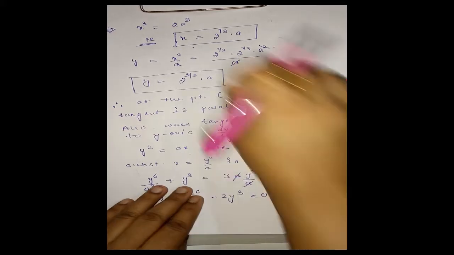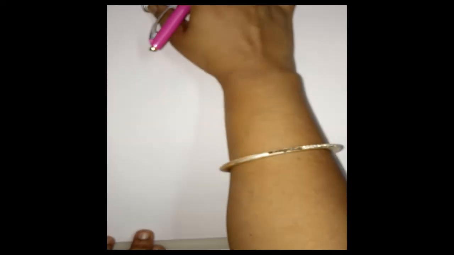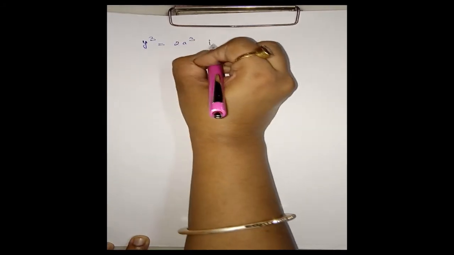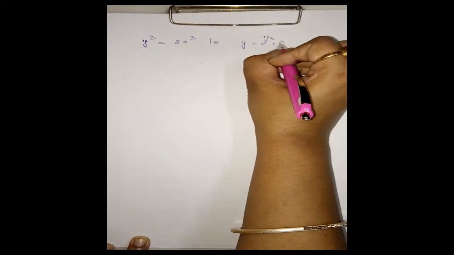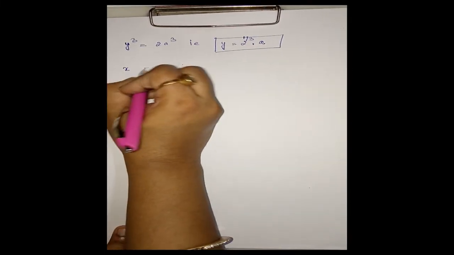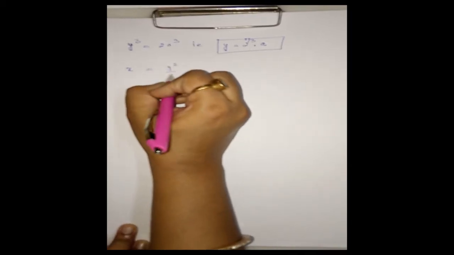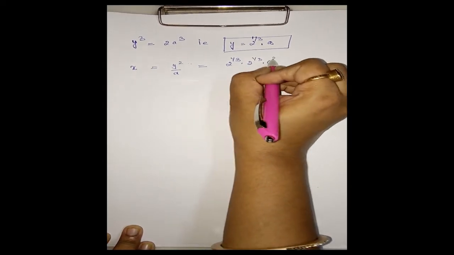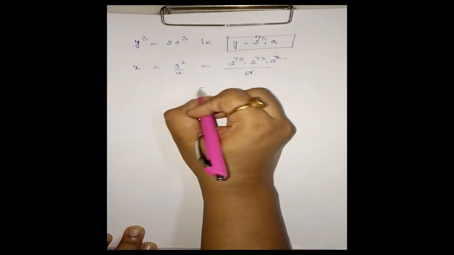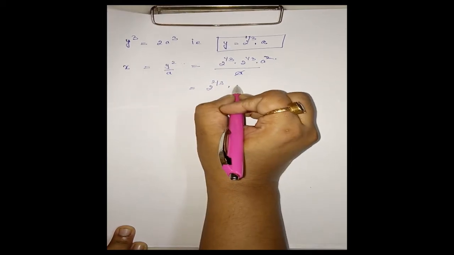And on simplifying, I get y³ = 2a³. That is y = 2^(1/3) a. This is my y, and x = y²/a, that is 2^(2/3) a²/a, that is, this is 2^(2/3) a.